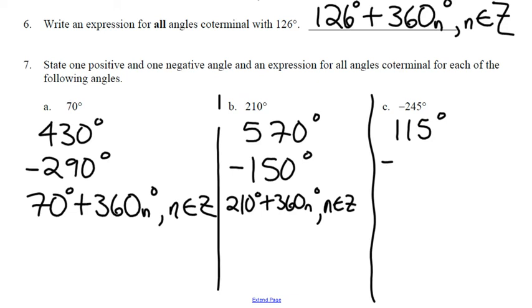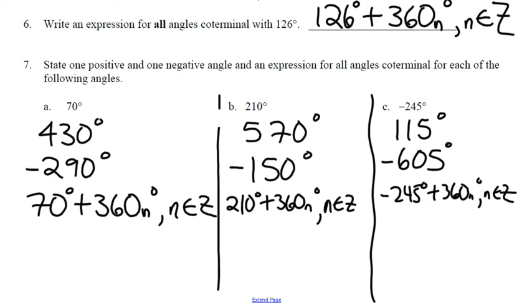Negative. Okay, is that good? Yeah, you get something similar? Yeah, it's easiest just to go for the obvious one, right? Just add 360. You don't have to go for a huge number unless you want to.